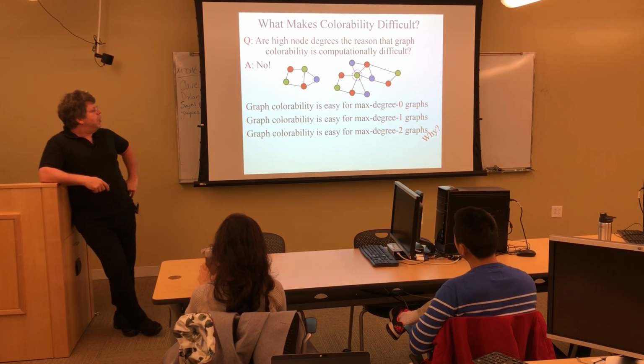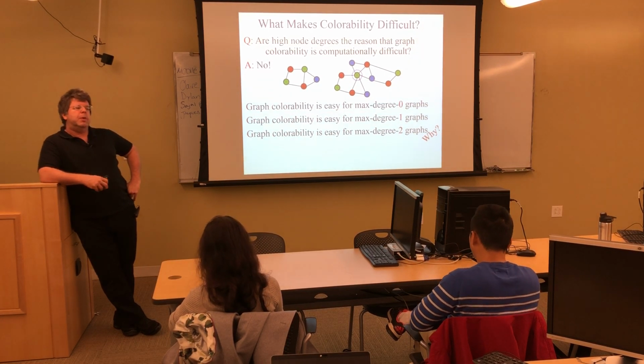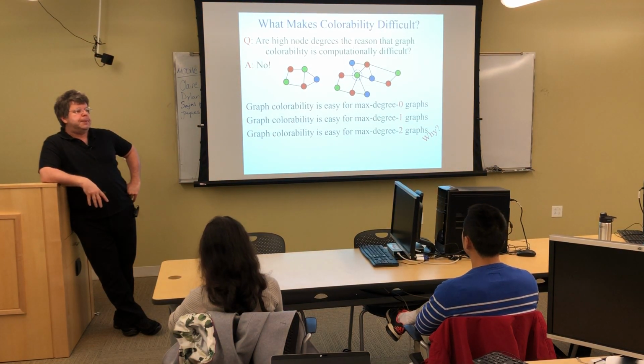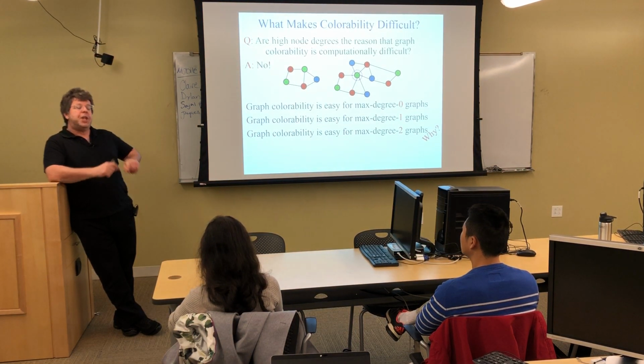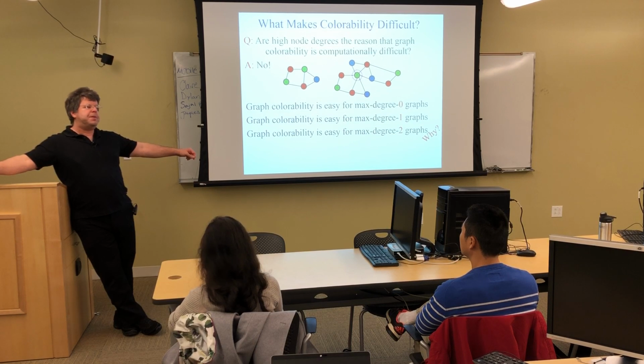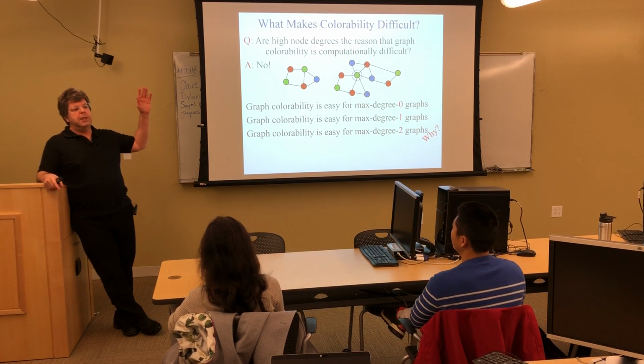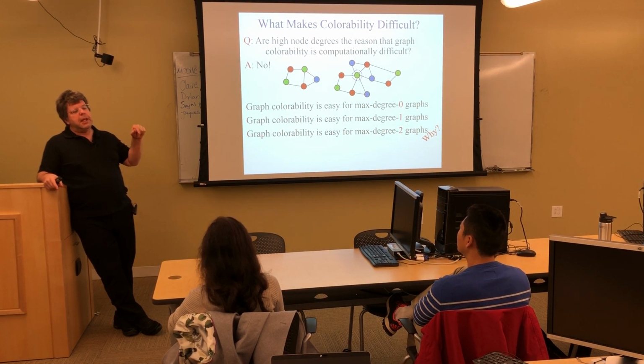So what does a graph look like if it has max degree 2? What is its structure in general? You can have odd cycles, even cycles. Anything else? Chains. Long paths. Could it have a tree? I would say, yeah, it can have a tree. Think again.